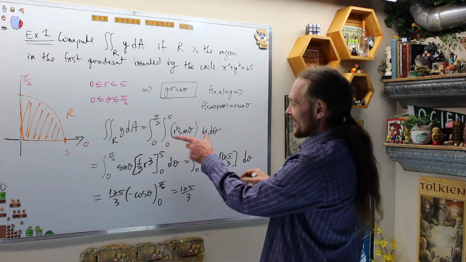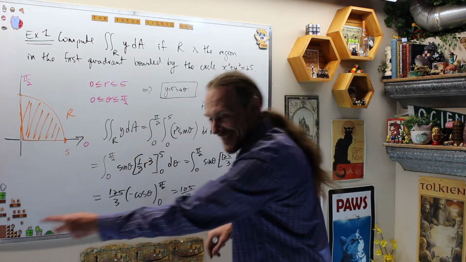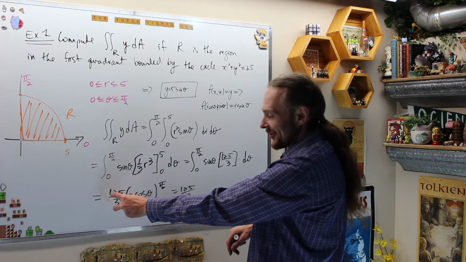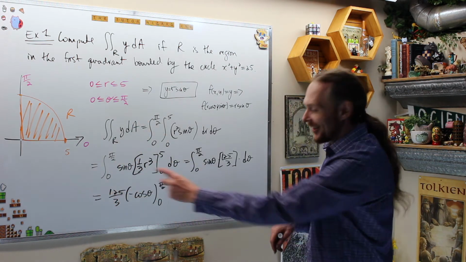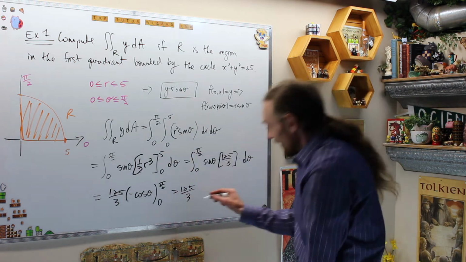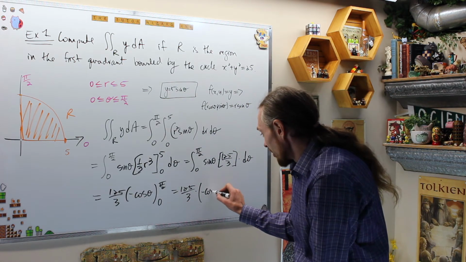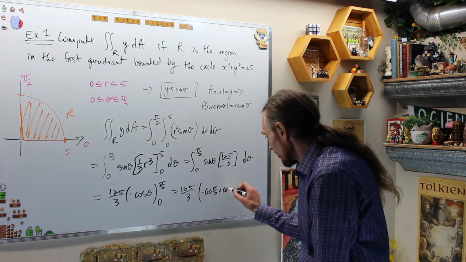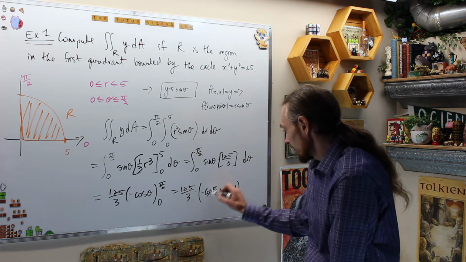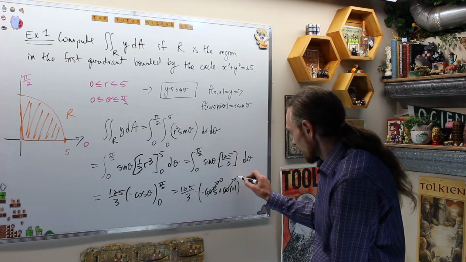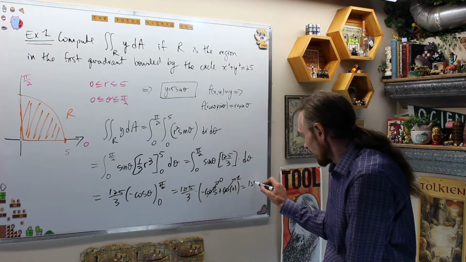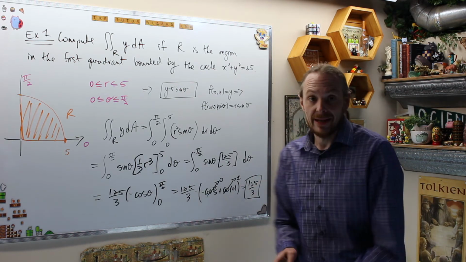See, we just turned the horrible symbol into the number this time. It's just the number now. And then this is equal to, now what do I get? I'm going to get negative cos of pi over 2 plus cos of 0, which is, and this one is 1, so we get 125 over 3. Yay, same answer.